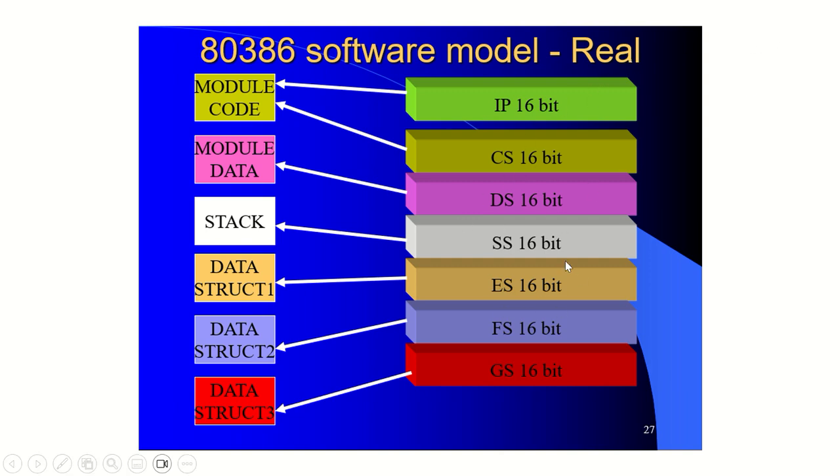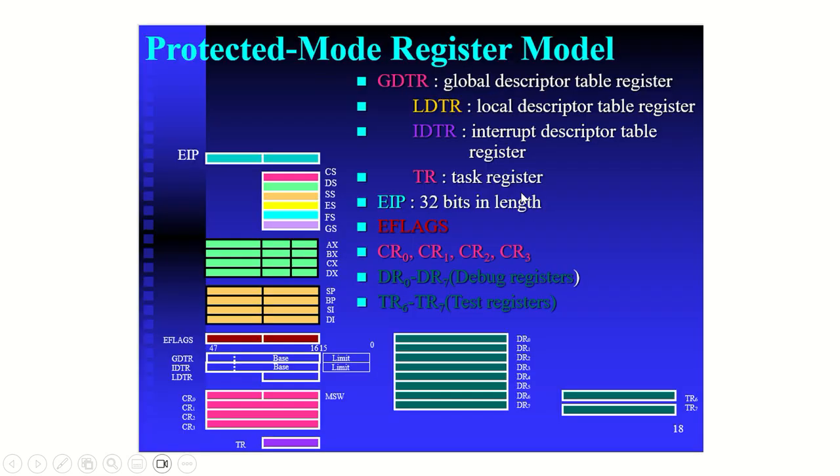All right, like I said, though the 386 is a 32-bit processor, if you are in real mode, you are actually like the 8086, with 16-bit registers. However, if you by any chance enter into virtual mode, for example if the Windows or Linux operating system is loaded, then all these registers and flags are 32-bit.